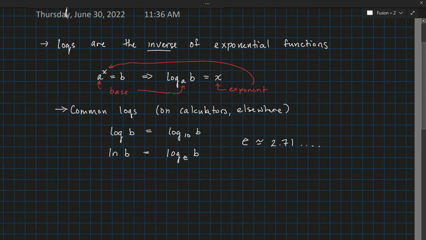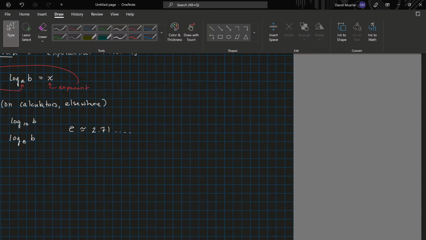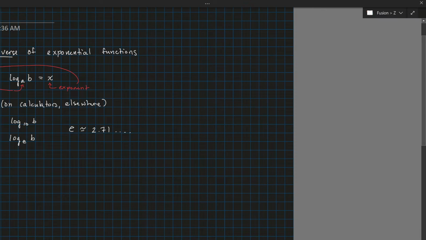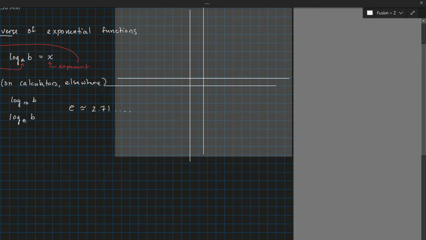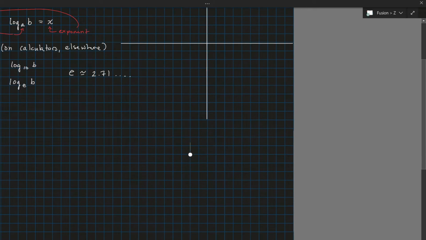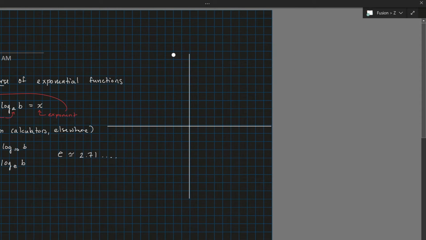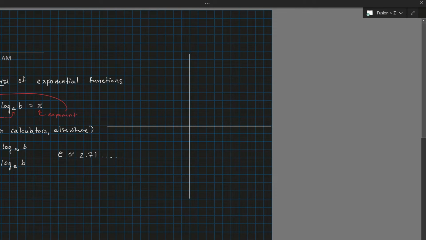Okay, so let's talk about what this actually looks like. We can compare it to the exponential function. So the exponential function, if you recall, looks like this.